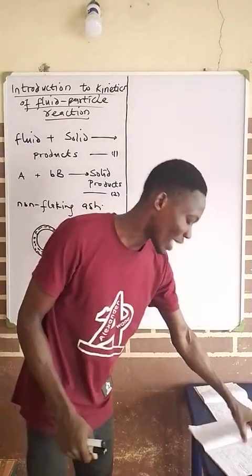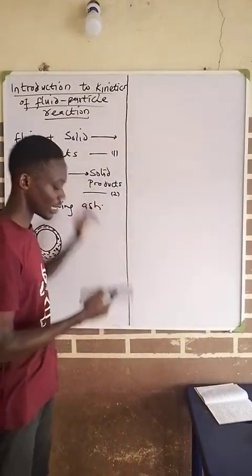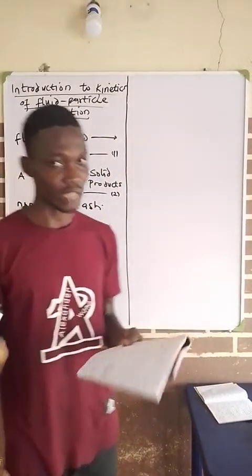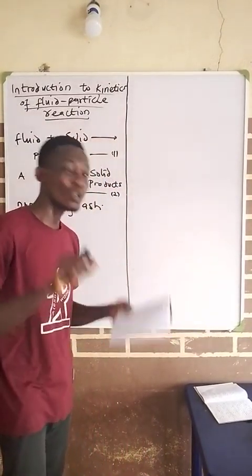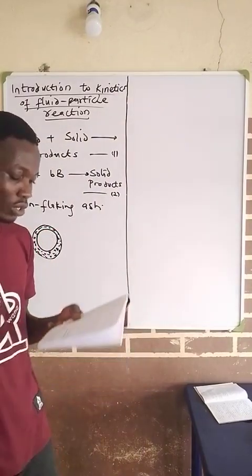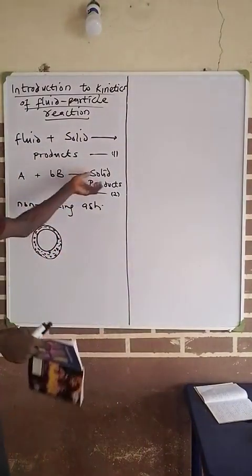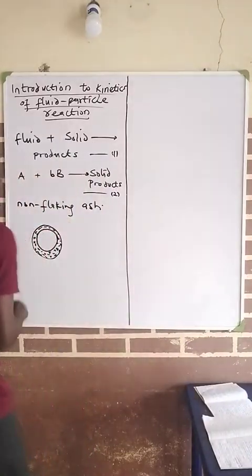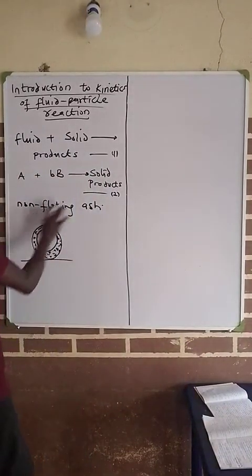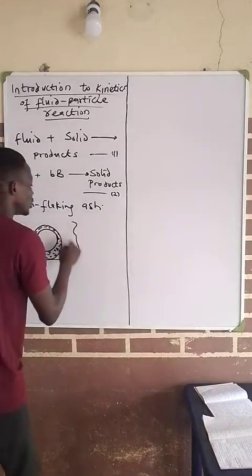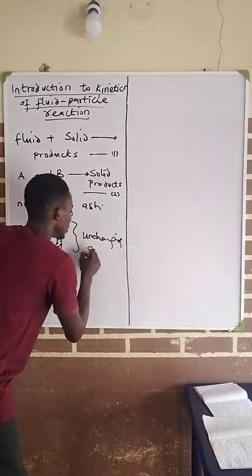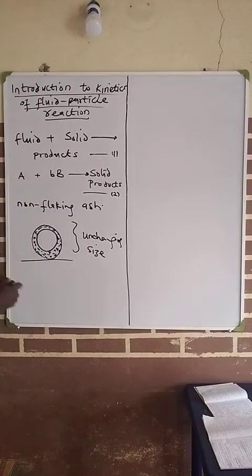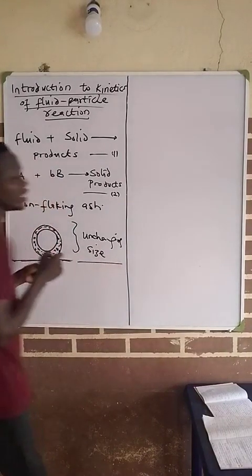So that's why I have it here that this solid product either remains unchanged in size during the reaction, containing impurities which will remain as non-flaking ash, or the solid product changes in size. This is an instance of the solid product not changing in size, unchanging size.